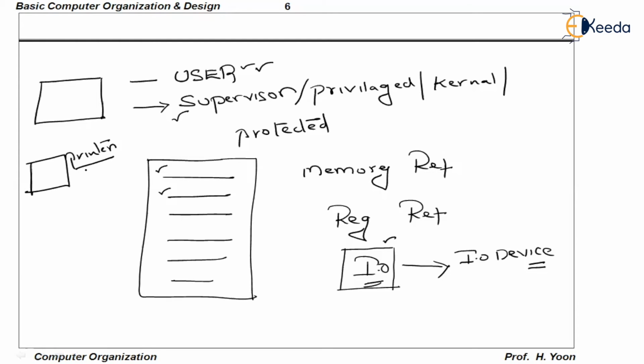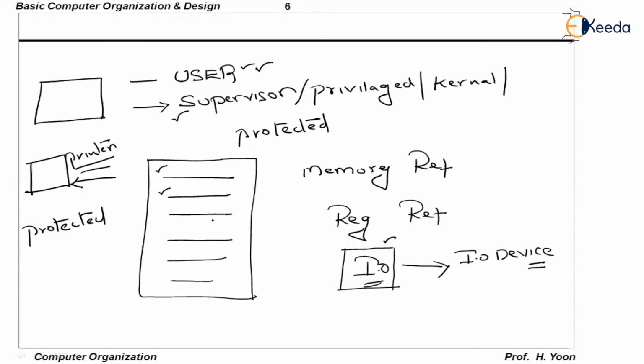But access to all the IO devices is completely protected. That is purely because if the user is permitted to directly access these IO devices, then these devices may be harmed. These devices may be damaged, because the user programs, the user instructions, when you write a program, there will be several hundreds of errors.